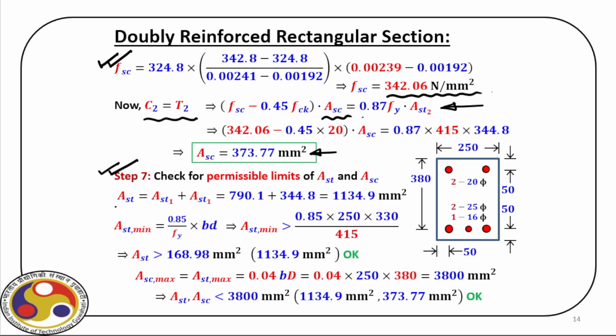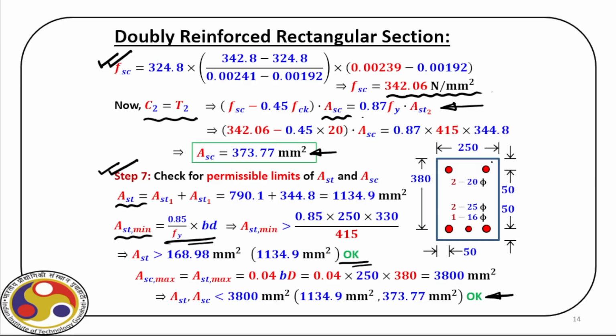So we first find out AST, then we find out AST minimum using this expression, and in our case it is satisfied. Then we also find out the maximum allowable limit of 4%. That limit is also satisfied by the amount of steel that we have evaluated from the demand, right?